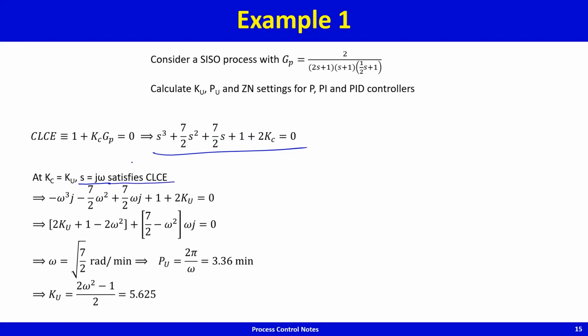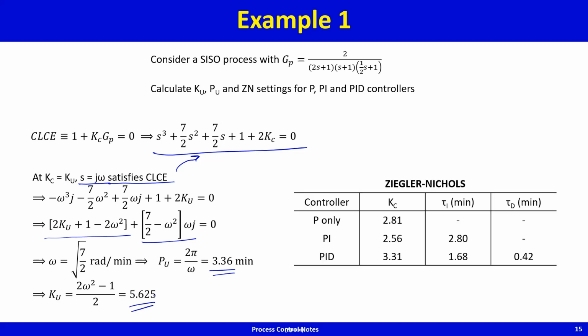So you substitute s equal to j omega into the characteristic equation and then simplify into a real part and an imaginary part, and the real and imaginary parts must go to 0, and that gives us an ultimate period of 3.36 minutes and an ultimate gain of 5.625. Corresponding to this, the Ziegler-Nichols tuning is in front of you. That's this example.